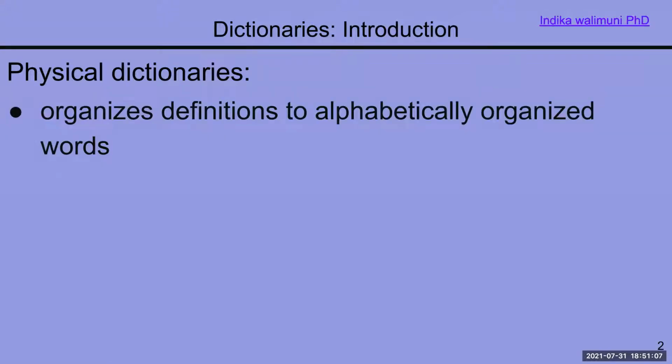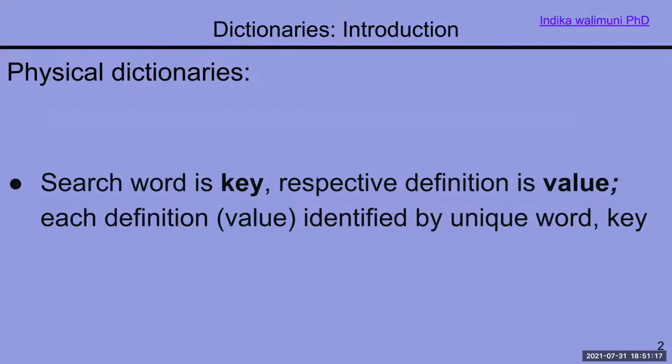A physical dictionary organizes words alphabetically, right? So the search key is basically a word we want to know the definition of. That word is the key, and the respective definition is the value.